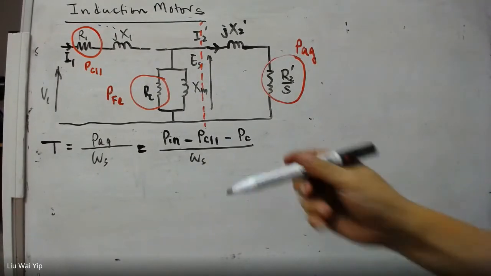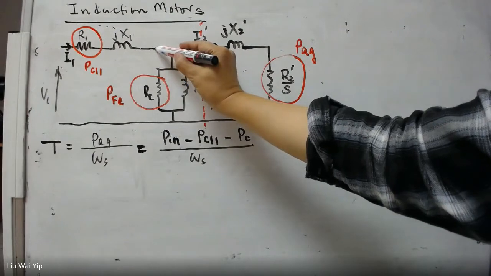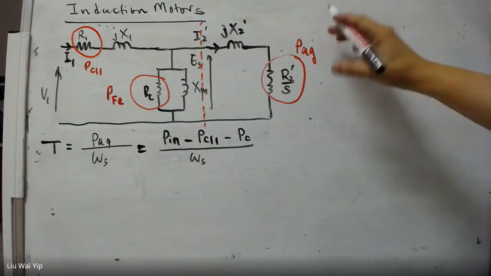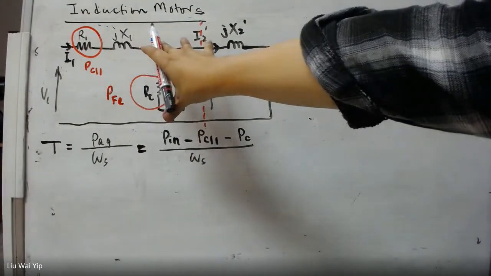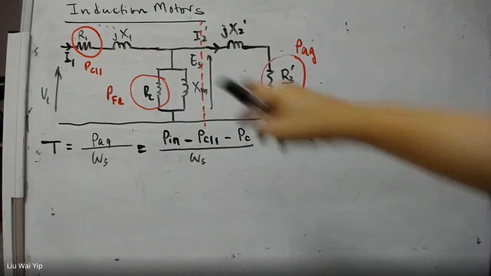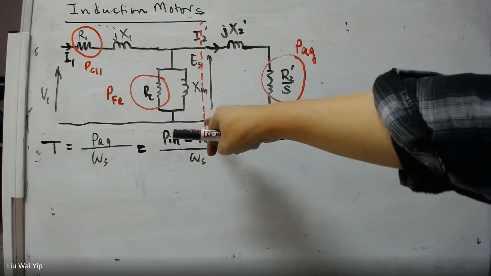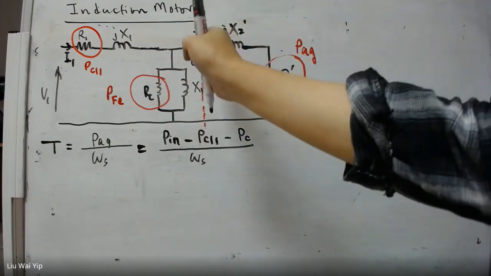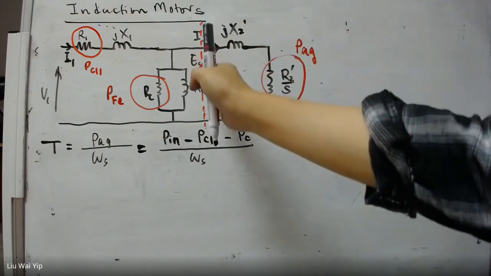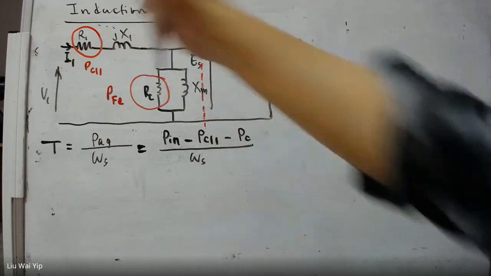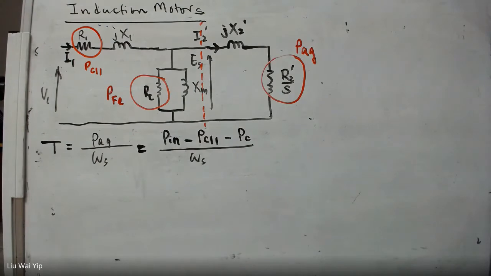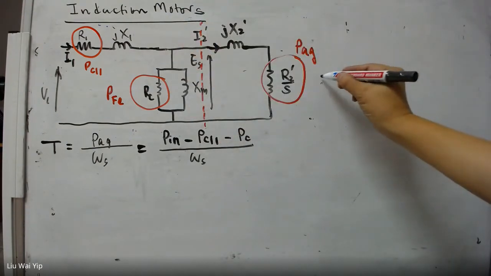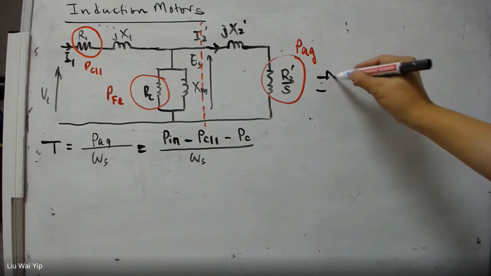And remember, we have this circuit here, and this circuit can be converted into a Thevenin equivalent. So for the time being, we have already got the red line here, and let's convert everything on the left of the red line into a Thevenin equivalent. So what I'm saying here is, we convert this circuit into this one.